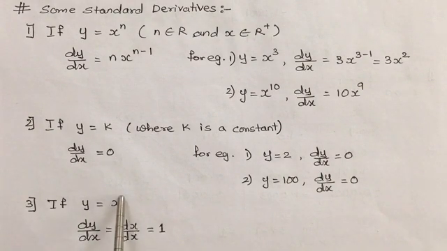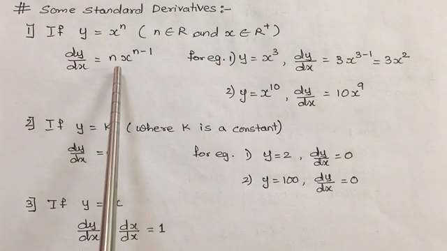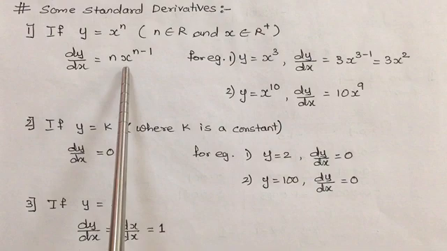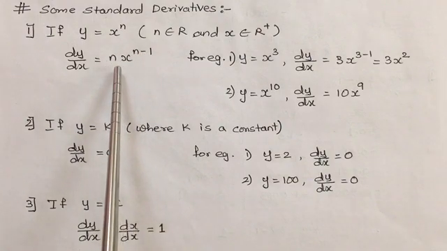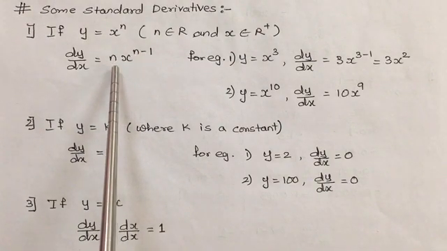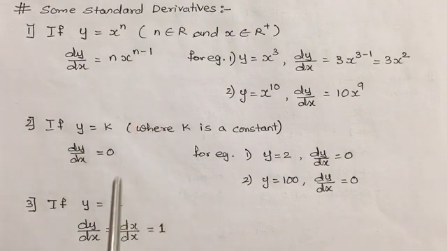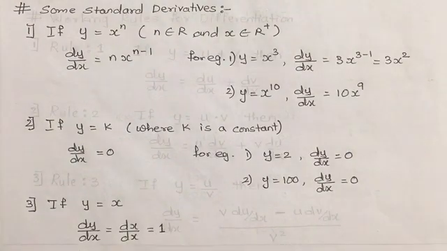As the degree of x is 1 here, its derivative is going to be 1. And all the degrees other than 1 will be calculated using the formula n x raised to n minus 1. So if it is only x, its derivative will be 1.